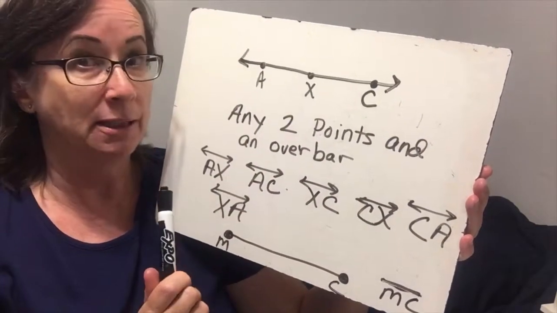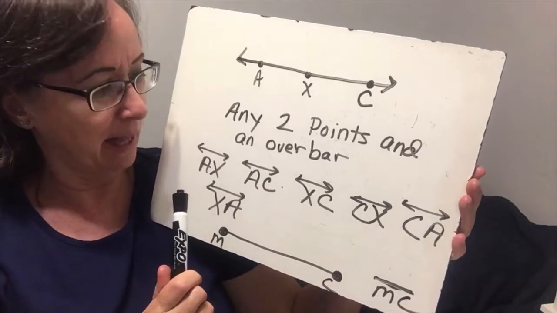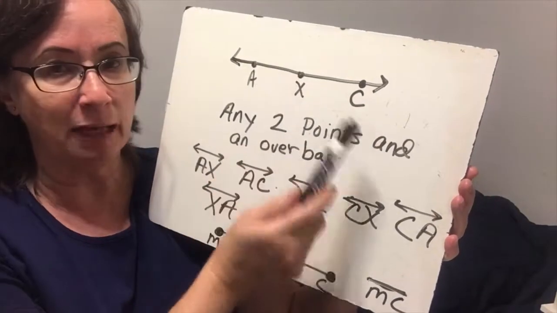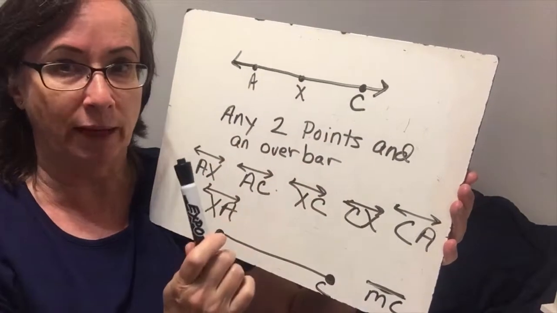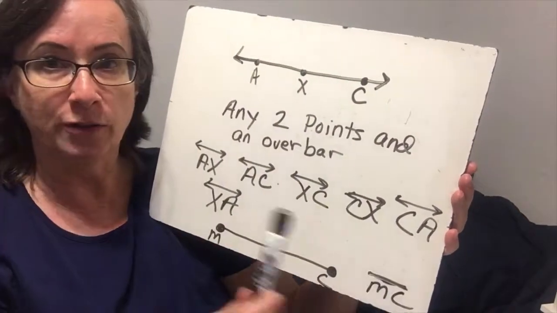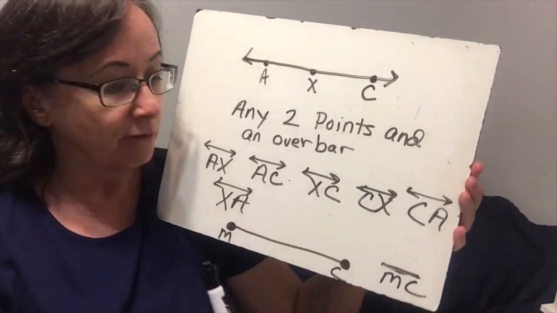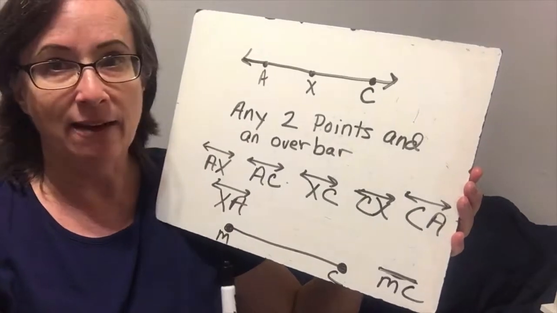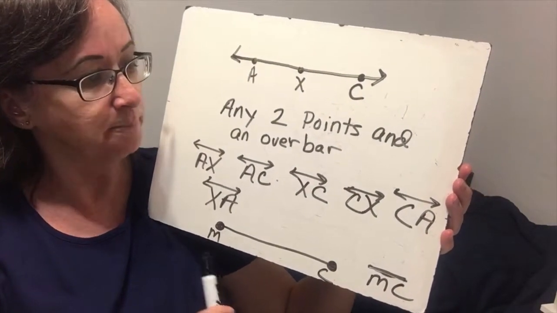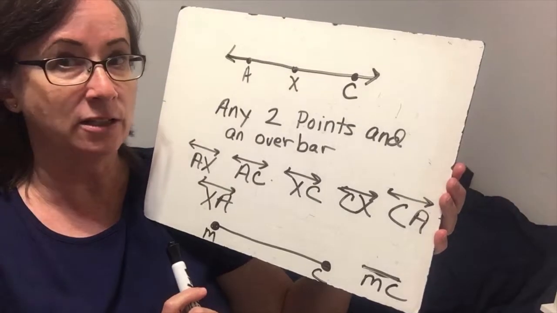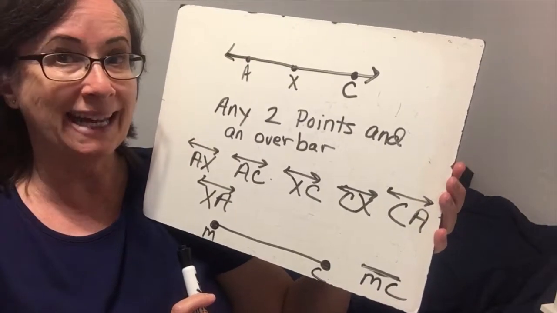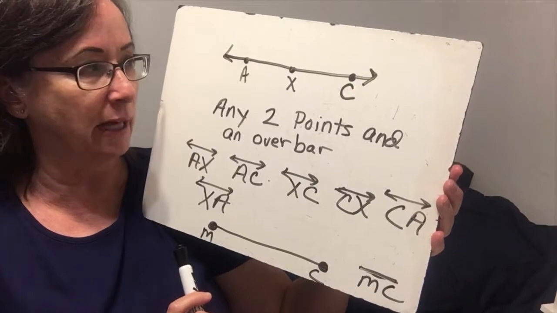So a lot of theory here, okay, but we can name this line by using any 2 points and the overbar with the 2 little arrows to show that it goes on and on forever and ever and never stops, okay?